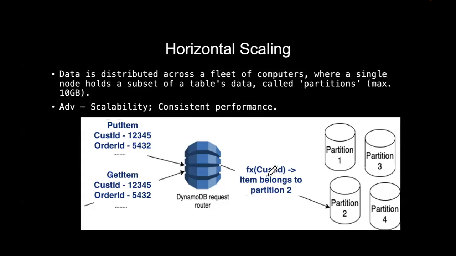That will tell us which partition instance it should forward the GET request to. And let's say it's partition 2. And then the DynamoDB component that's running on this partition will get the actual item itself and return it back to the requester.